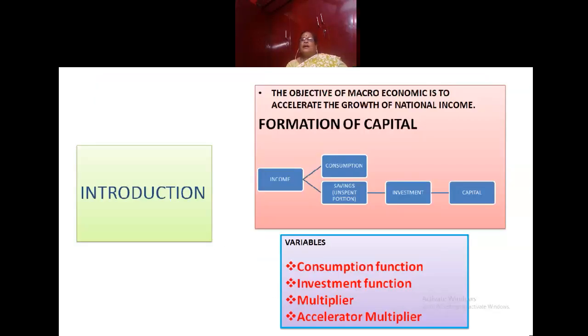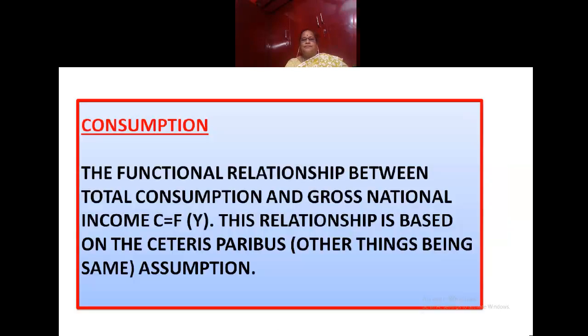The objective of macroeconomics is to accelerate the growth of national income. So, the formation of capital: income is equal to consumption and savings. The savings will be the investment, and the investment leads to capital. So, the variables: number 1, consumption function; number 2, investment function; number 3, multiplier; number 4, accelerator.